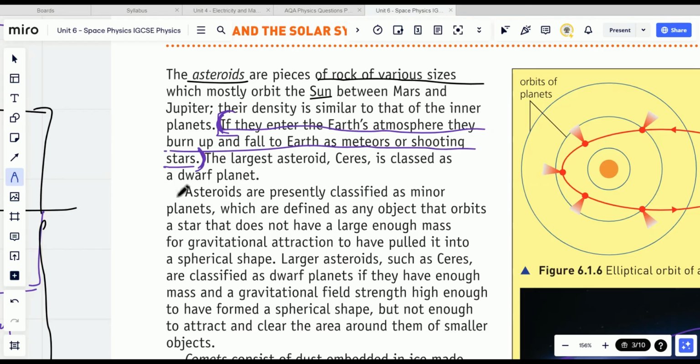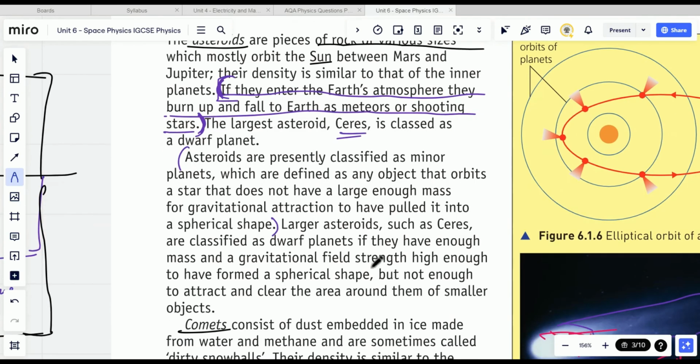The largest one that we have discovered so far is this one, Ceres. It is classed as a dwarf planet, in actuality it's an asteroid. They are presently classified as minor planets, which are defined as any object that orbits a star that does not have a large enough mass for gravitational attraction to have pulled it into a spherical shape.